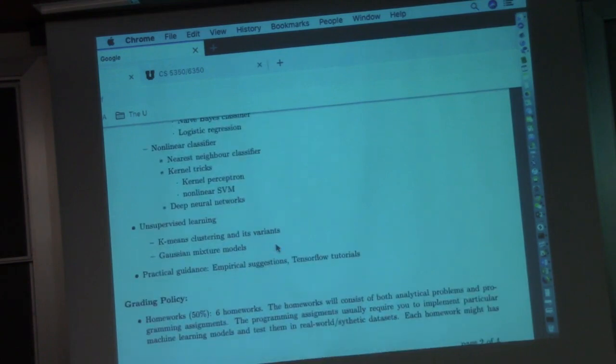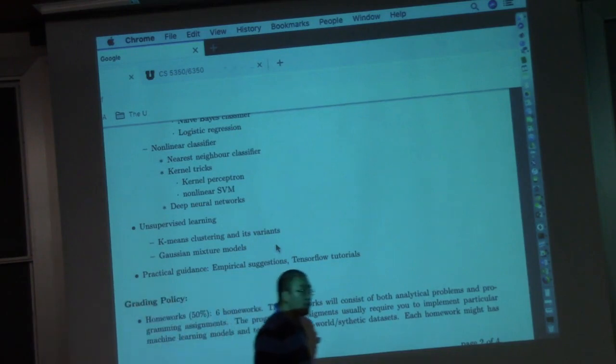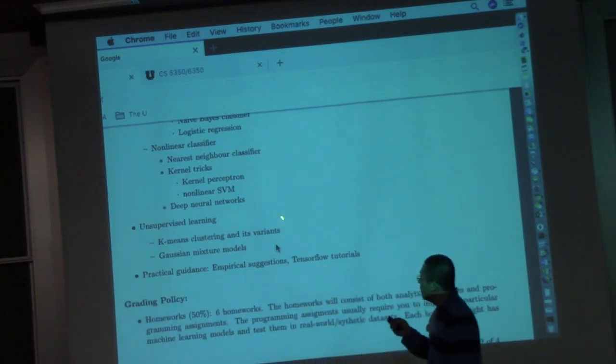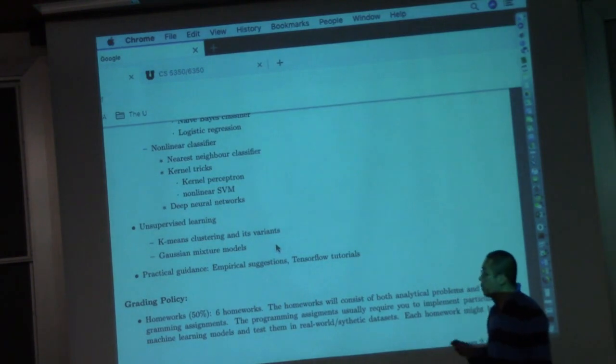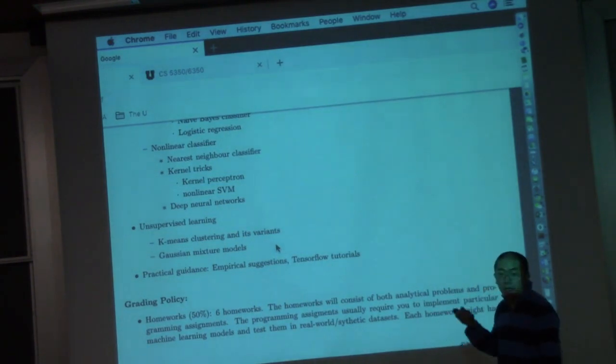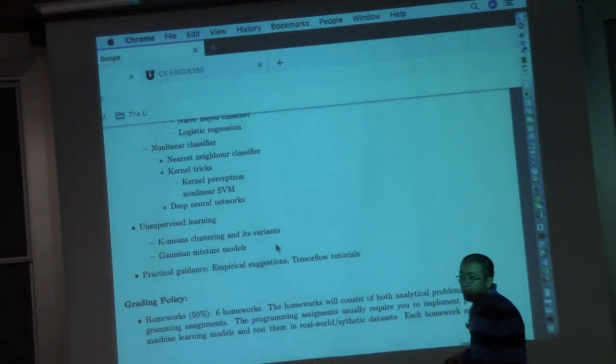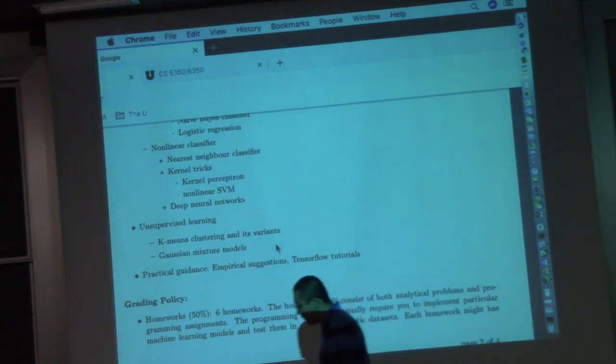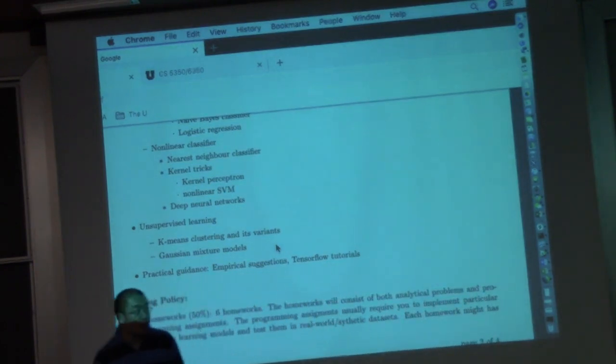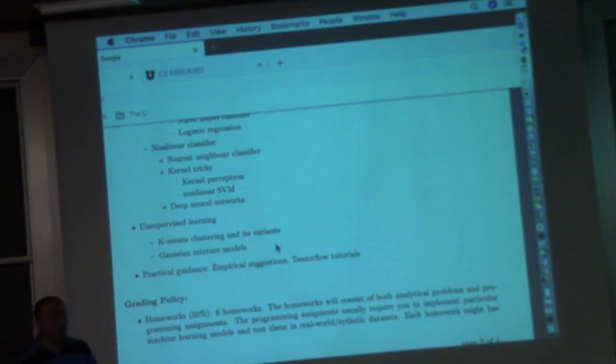And if we have enough time, we'll introduce representative unsupervised learning methods like k-means and its variants like k-median and k-medoids. And we'll introduce its probabilistic version, like Gaussian mixture models. We also want to spend 1 or 2 lectures giving some practical guidance about machine learning.